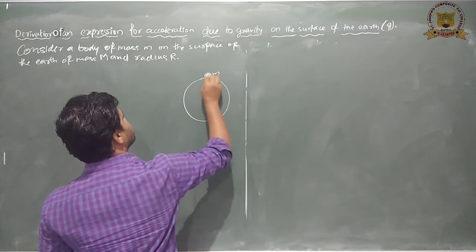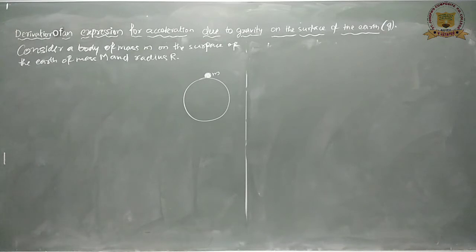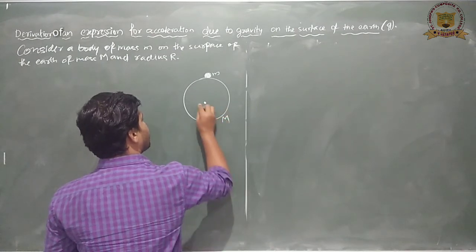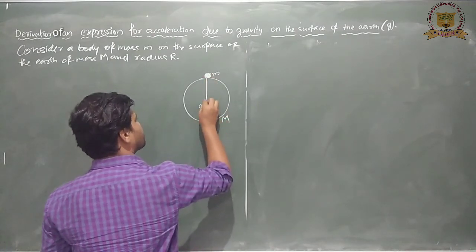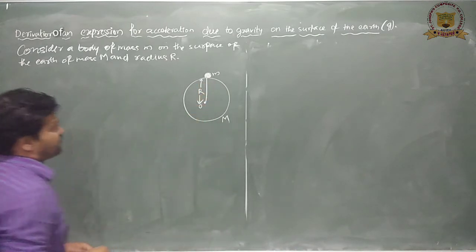This body's mass is small m and it is on the surface of the earth. And here the mass of the earth is capital M and its radius is capital R.